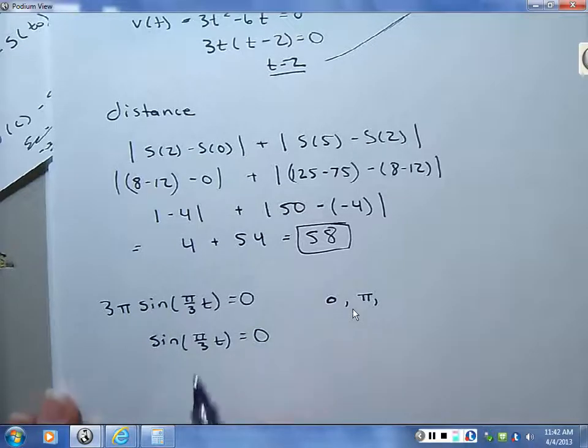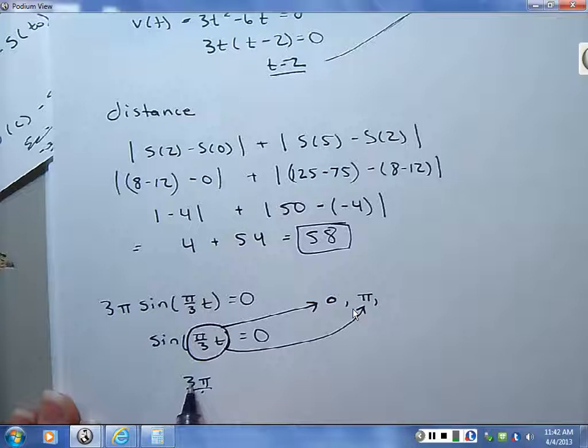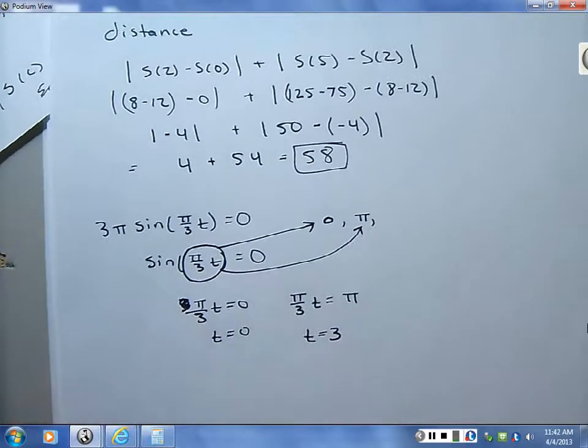So when does pi over 3 t equal 0? When t equals 0. And when does pi over 3 t equal pi? When t is 3, right? Do you guys remember doing stuff like that in trig?